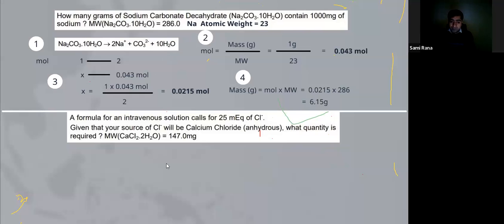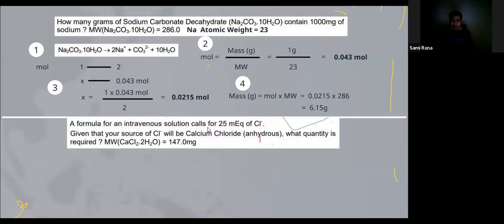Okay, now let's see about the units. The formula of an intravenous solution calls for 25 MEQ, milliequivalents, of chloride. Given that your source of chloride will be calcium chloride anhydrous, what quantity is required in mg? Who is going to tell me what should be our unit level?